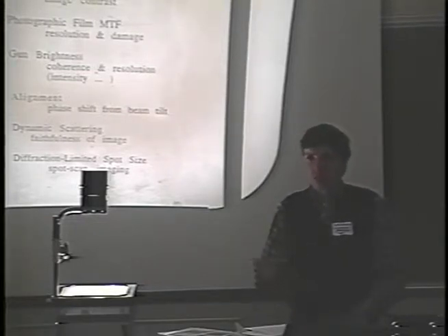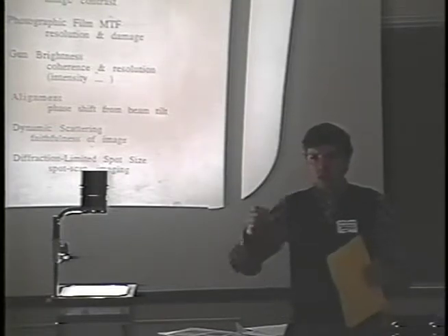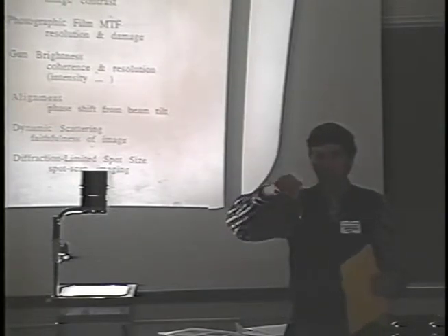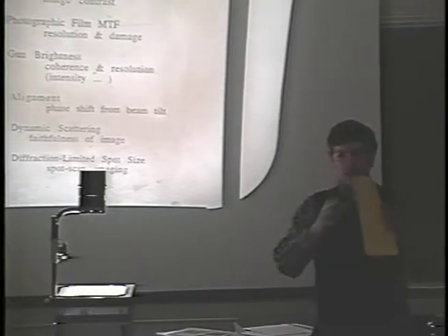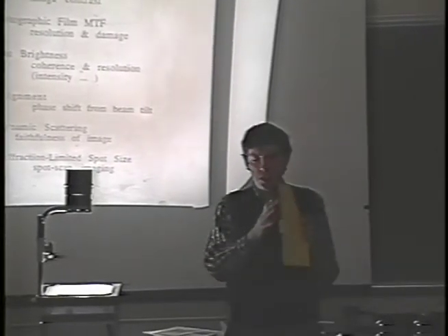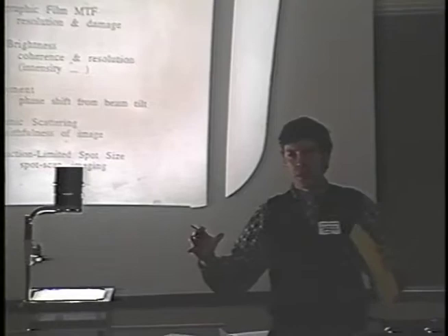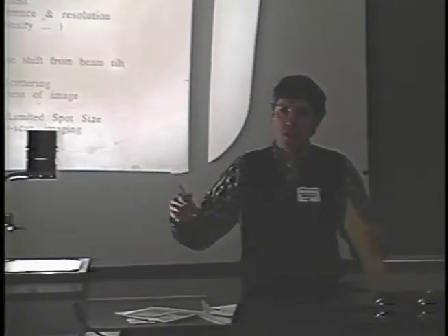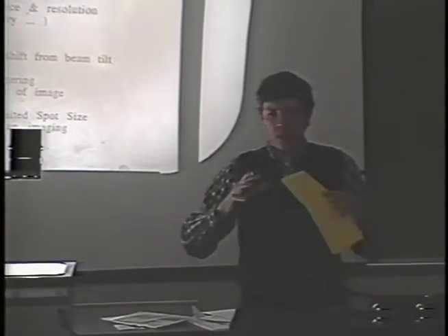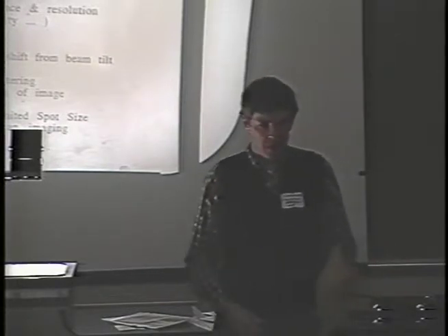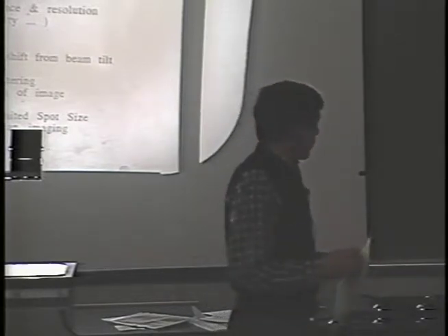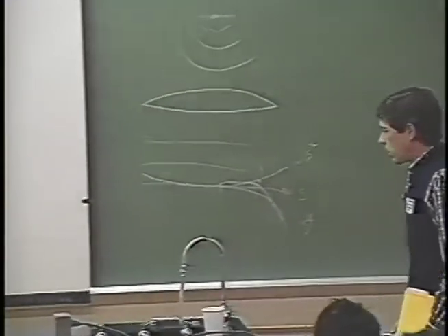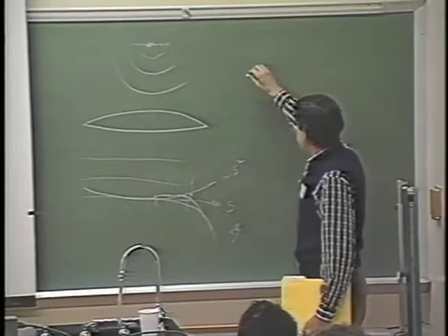But it turns out also that there's an upside to this too, that as the electrons scatter around inside the emulsion, the region in which they scatter and the region which is developed for each primary electron sort of grows as the electron gets down into the film. Let me again just draw a little sort of classical picture of what's happening here.